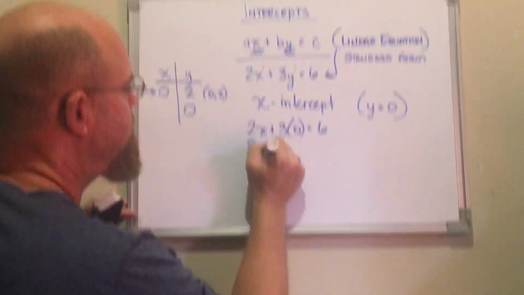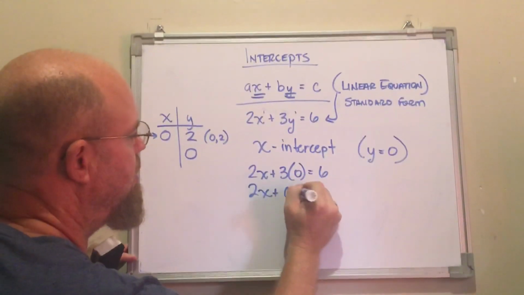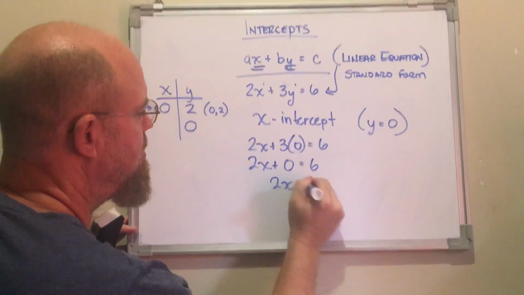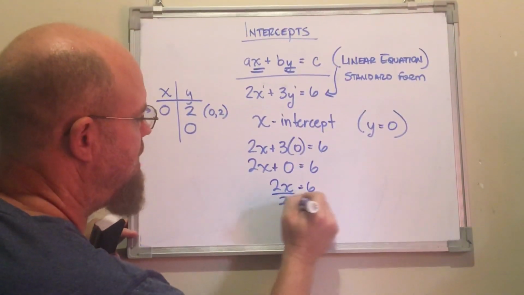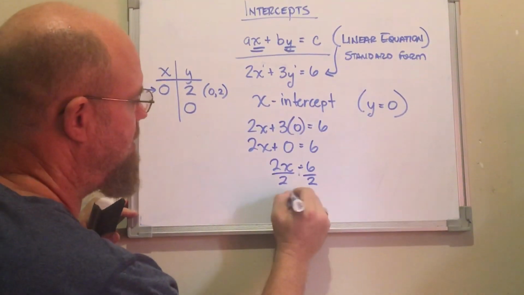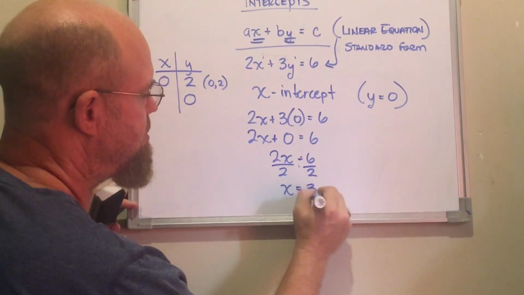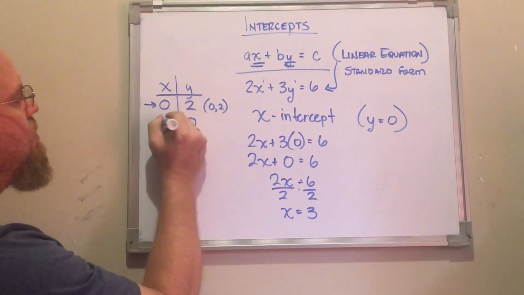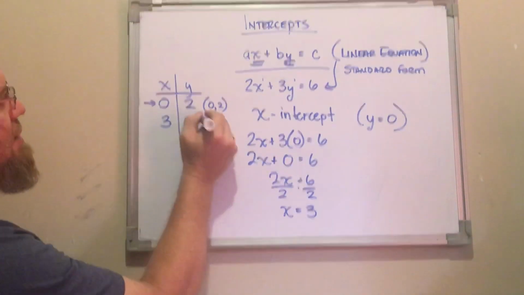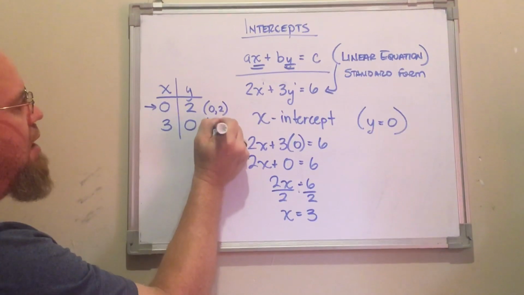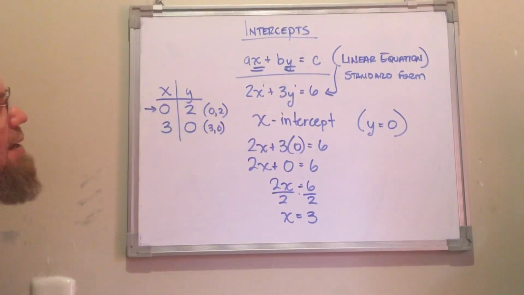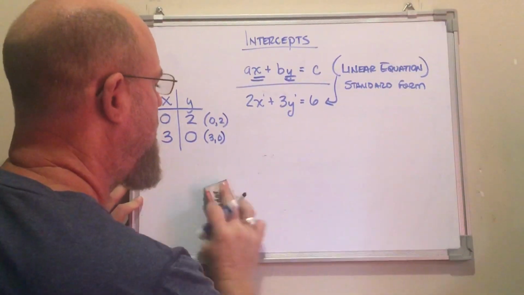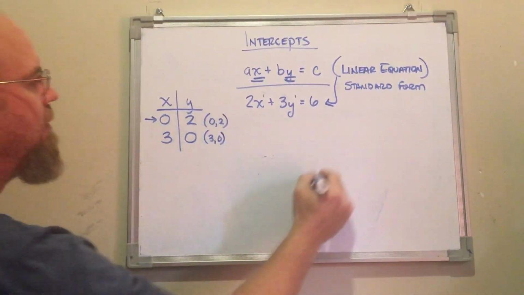Well, 2x plus 3 times 0 is 0, so I can rewrite it as 2x equals 6. I divide both sides by 2 to get x by itself, and x equals 6 over 2, which is 3. So when y equals 0, x equals 3, and this point, 3, 0, is the x-intercept. So now we have our 2 points that we can graph.